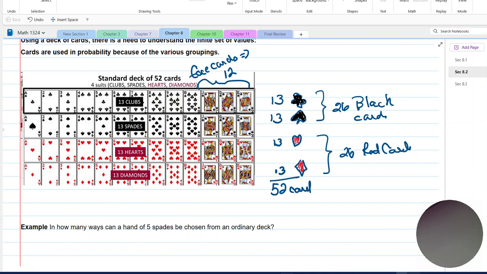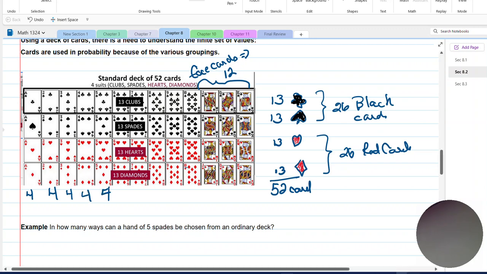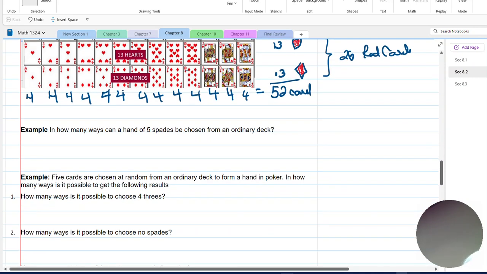And there are 4 aces, 4 twos, 4 threes, 4 fours, 4 fives, 4 sixes. All of these are 4 of each of them. So if you're asking for one singular card type, it all equals 52. Everything equals 52.